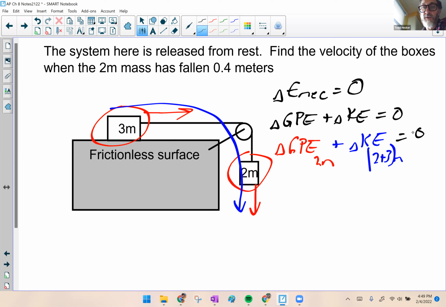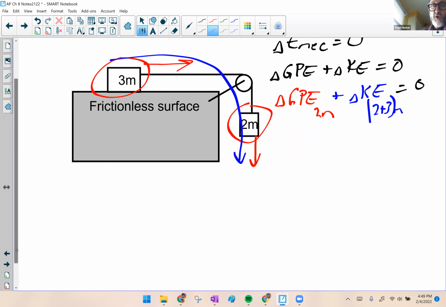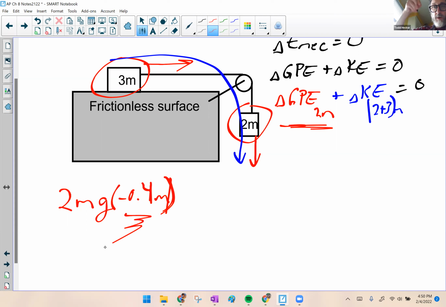The change in GPE for the 2m block is 2m times g times our change in height, which is negative 0.4 meters. Notice the change in height is negative because it is going down.